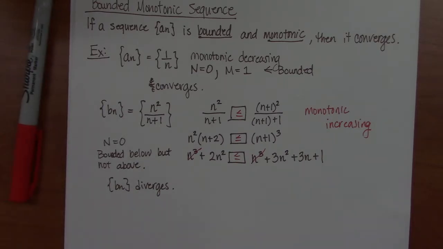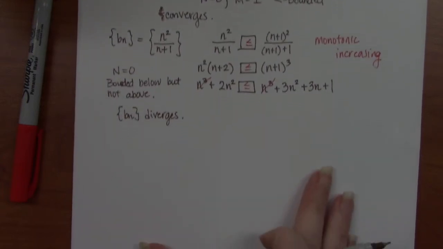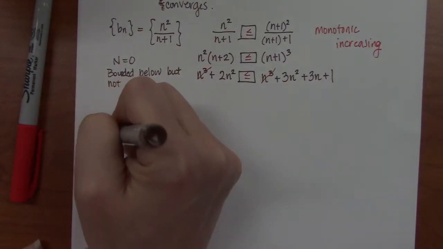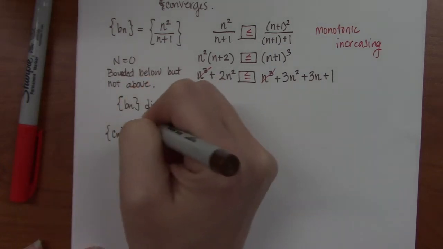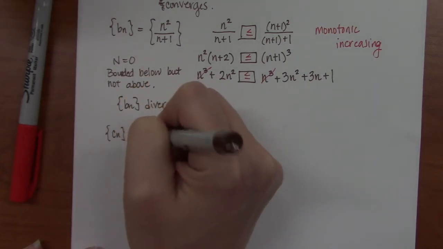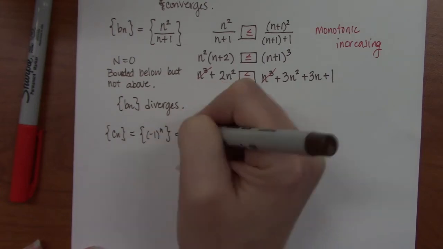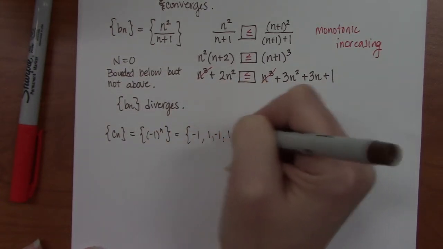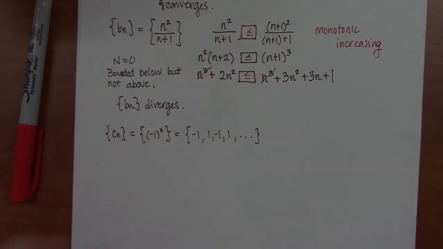All right, let's look at one more. And then we're going to play my favorite game in this whole section. So this is kind of like the 2 and 4 sequence, right? It's just going back and forth between 1 and -1.